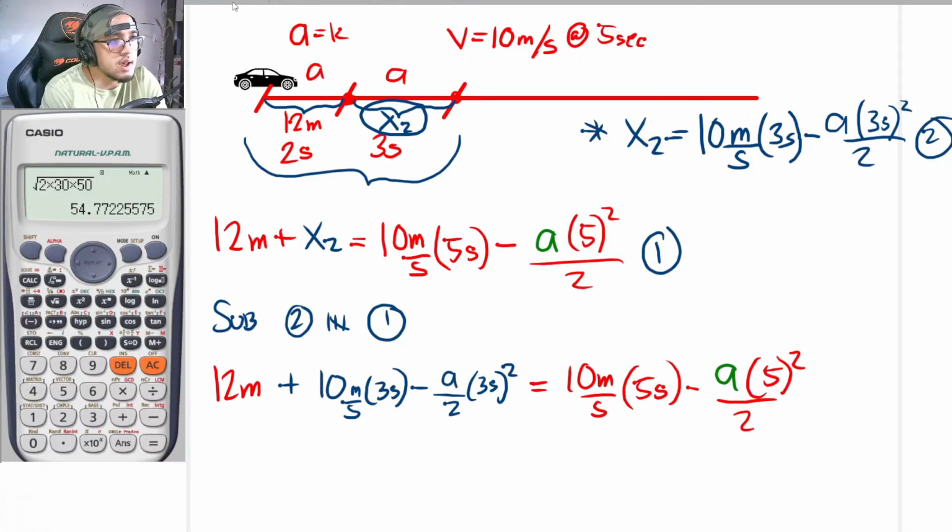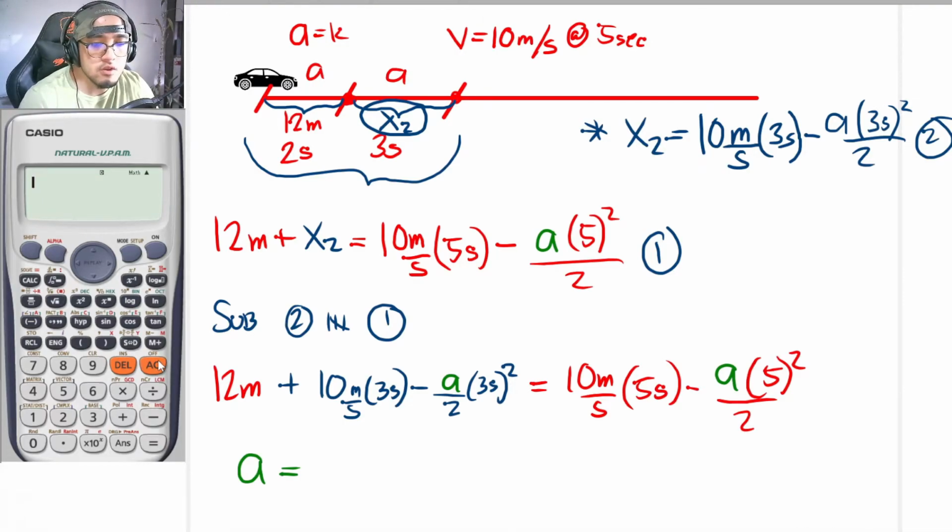So actually, guys, I will just be writing this in green for us to see that our value for a is the only one unknown. So with that, I would just be making use of shift solve in my calculator. So if you want to solve for it via algebra, the better.